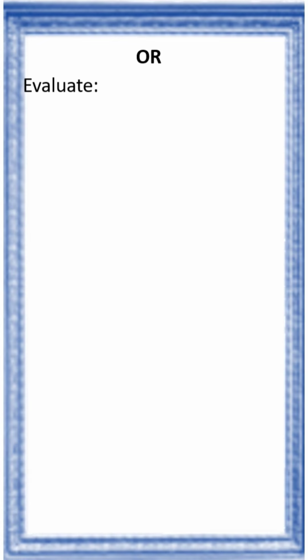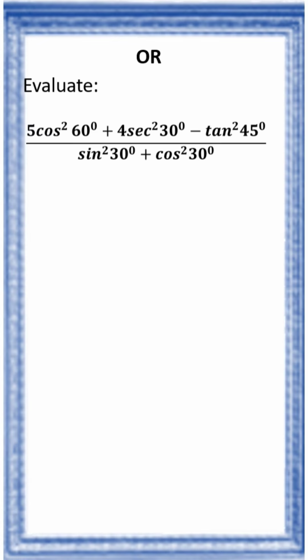There is an OR question. Evaluate (5 cos square 60 plus 4 secant square 30 minus tan square 45) upon (sin square 30 plus cos square 30). Now we know the value of cos 60. What is it? 1 by 2.